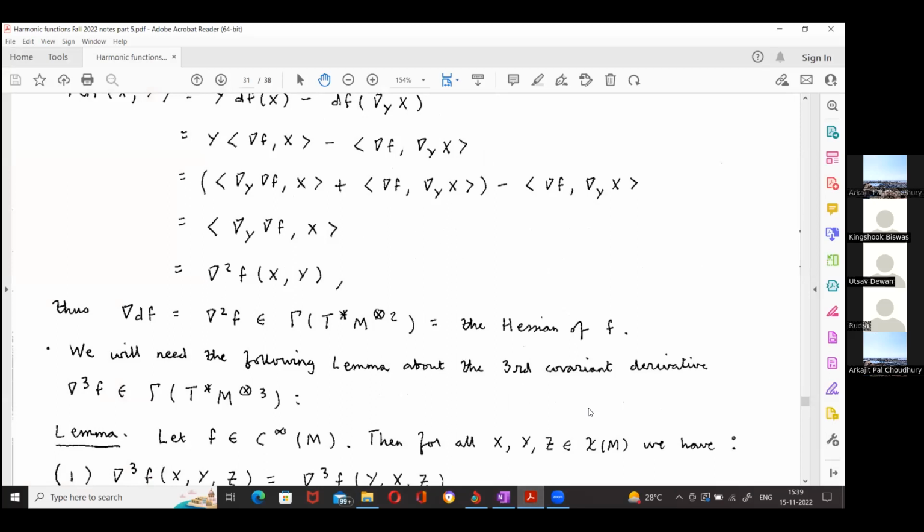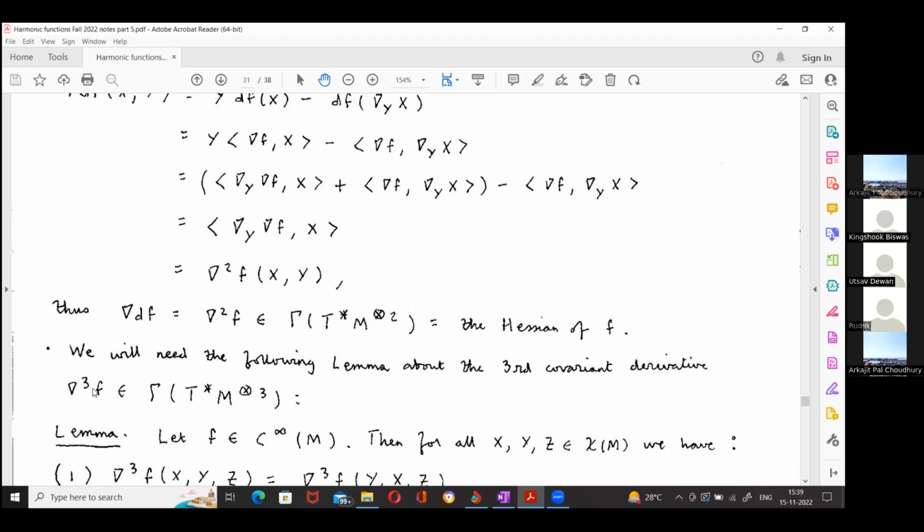All right. So to come back towards the Harnack-Yau inequality, what we'll need is a lemma about the third covariant derivative of a function. Notice that the second covariant derivative is the Hessian. We proved that the Hessian is a symmetric bilinear form, symmetric in x, y.